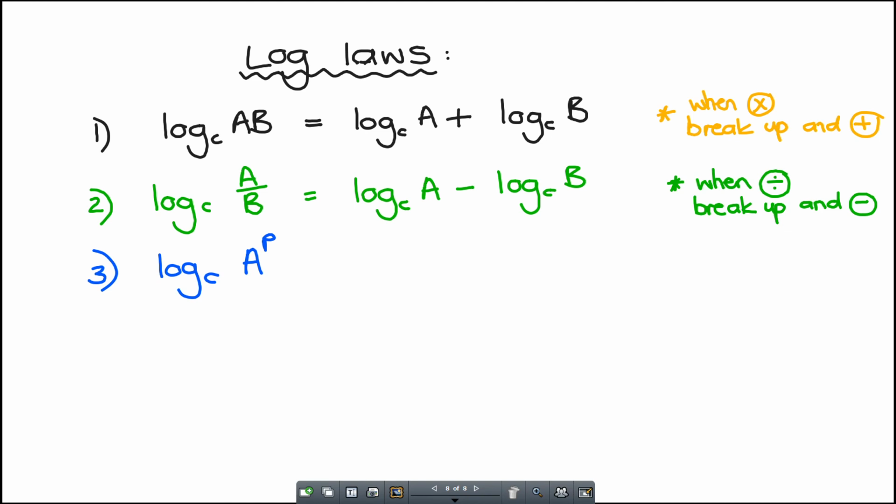So jy wil net gou-gou vir hom daar wegkry. Let's get rid of that exponent. So all we do is we take that and we throw it in front. So that will be the same as P times log A. Is julle fine? Any questions?